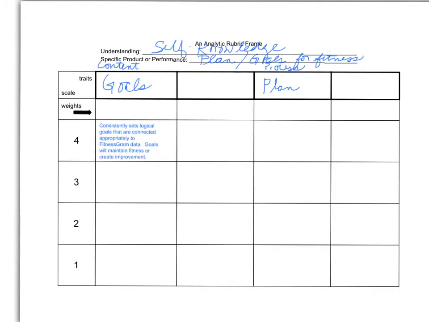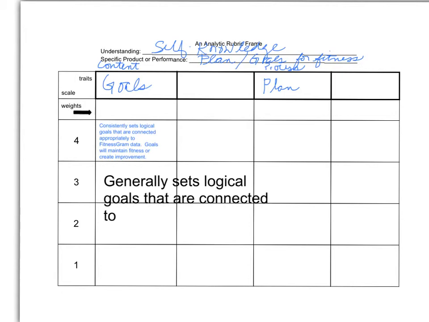Now the hard part for this column is actually taken care of. I have my wording in place, I just need to change my degrees. So in this case, my degrees of frequency. So my 3, I'm going to say that they generally sets logical goals that are connected appropriately to fitnessgram data.